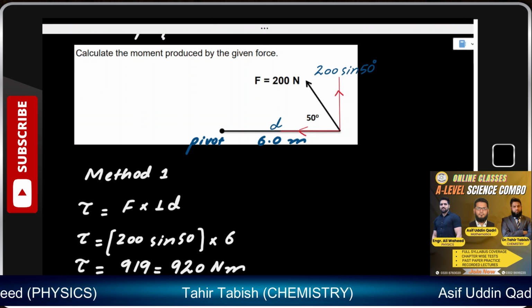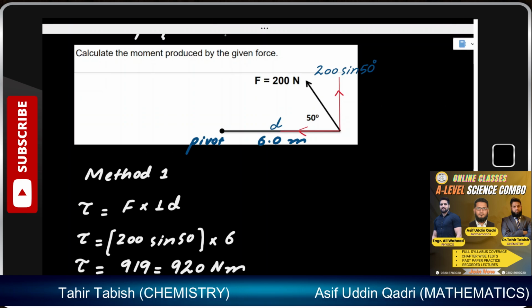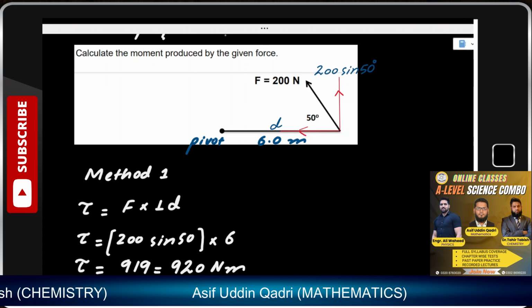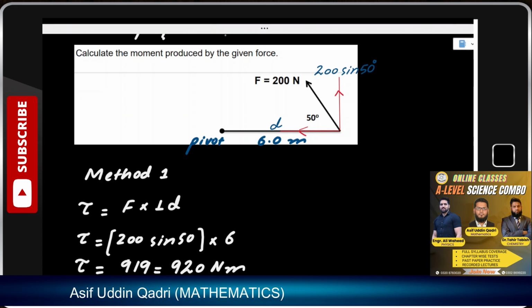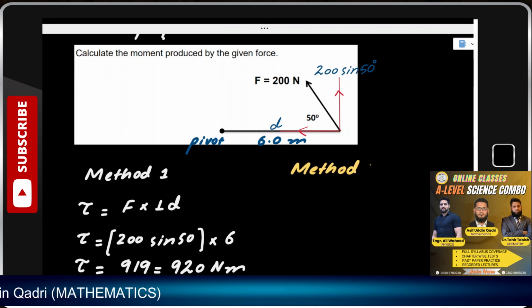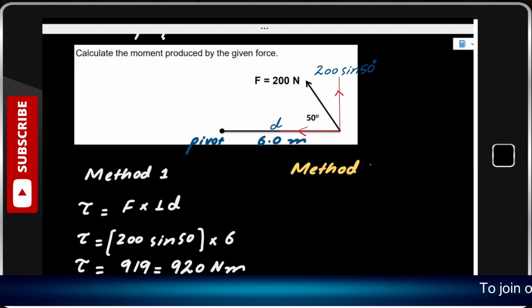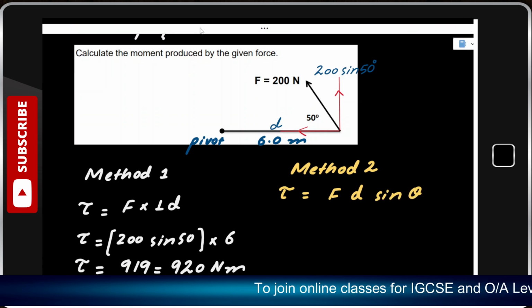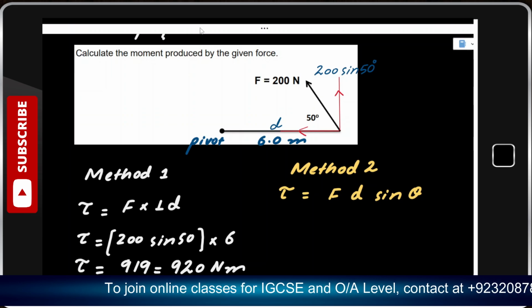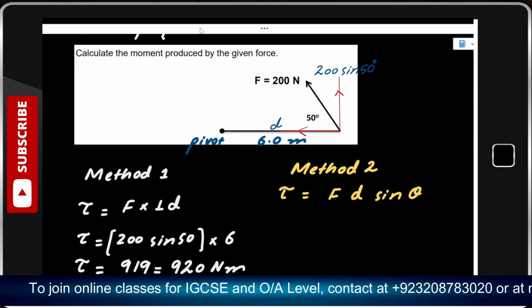Then we have the second method also, which is to directly use the formula. So the formula is you have to use F d sine theta, but I'm going to be very careful with the angle, because if you use the formula directly, you got to be very careful with the angle.